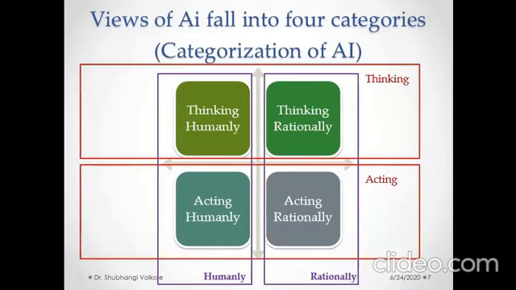The top dimension represents the thought or reasoning dimension. The lower part represents the behavior dimension. The left part represents the measure of success against human performance, and the right part represents the measure of success against the ideal concept of intelligence. So now we'll see these four categorizations one by one.